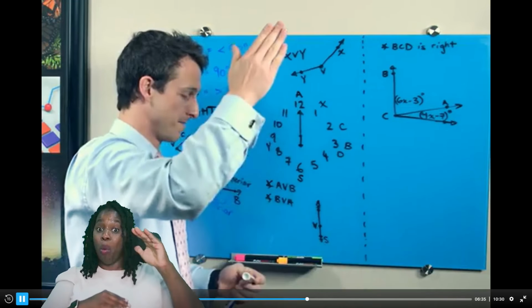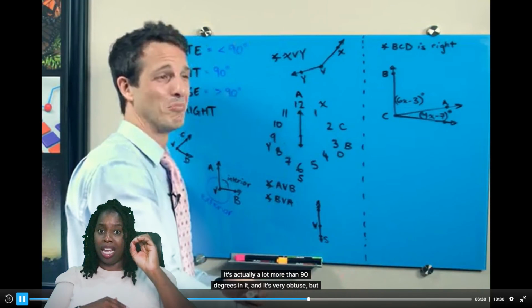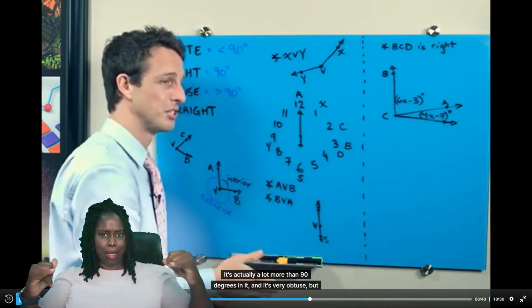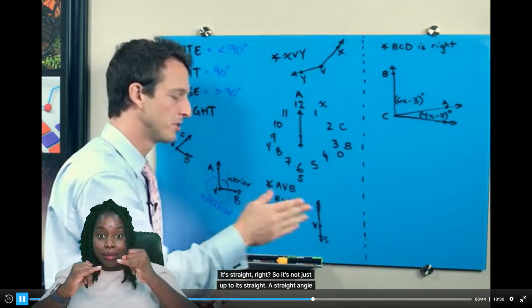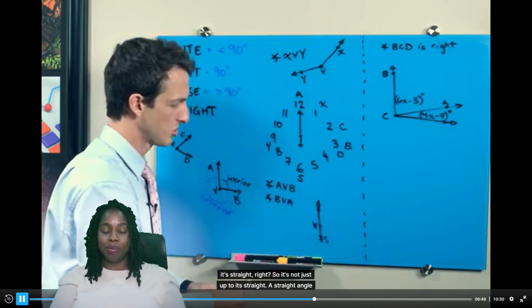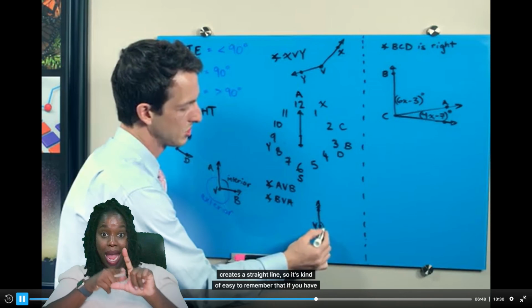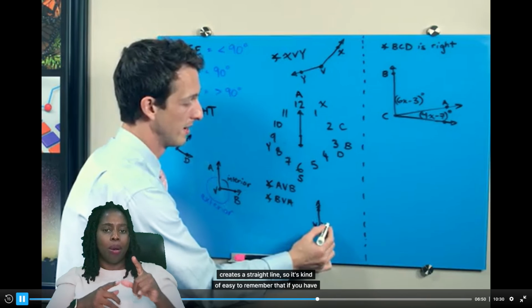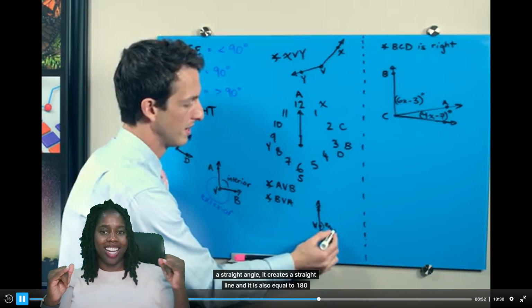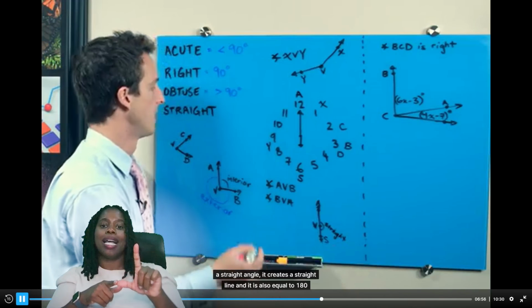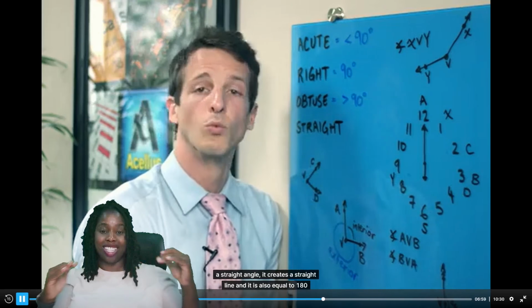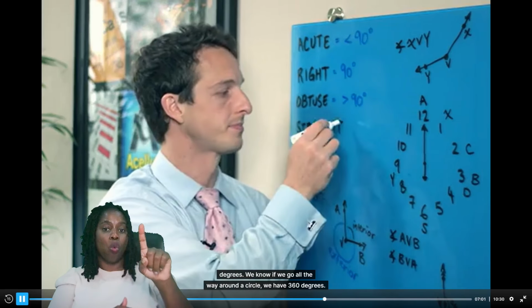It's actually a lot more than 90 degrees, and it's very obtuse, but it's straight, right? So it's not just obtuse, it's straight. A straight angle creates a straight line. So it's kind of easy to remember that if you have a straight angle, it creates a straight line. And it is also equal to 180 degrees.